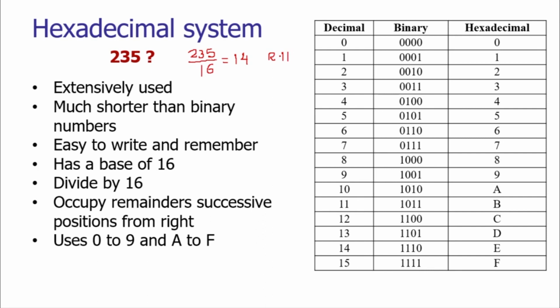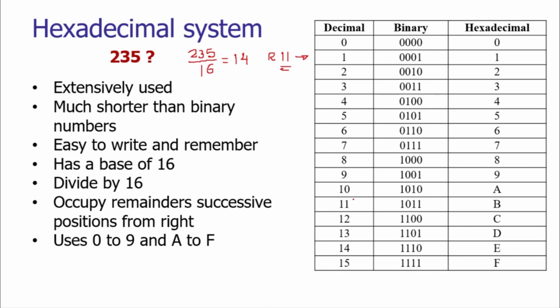Now what this procedure suggests, you find out the remainder. The remainder is 11. Now you refer to the table and try to find out what is the hexadecimal representation if the remainder is 11.